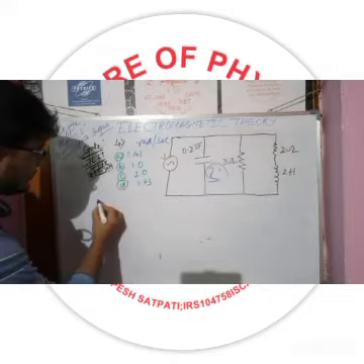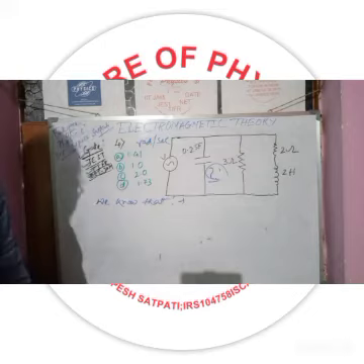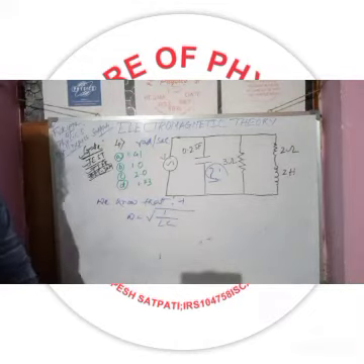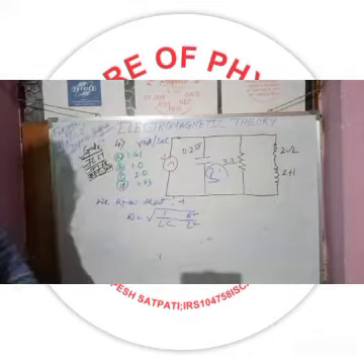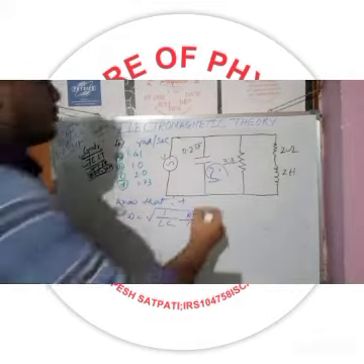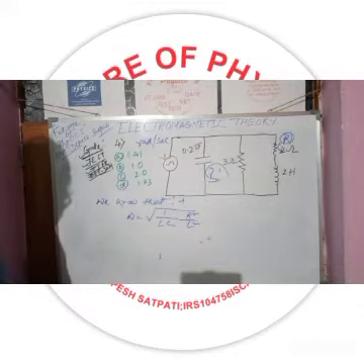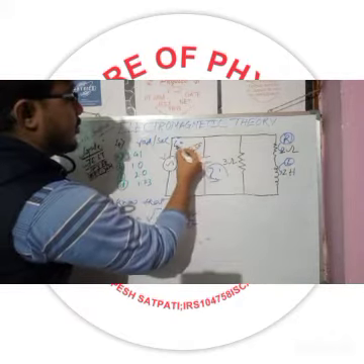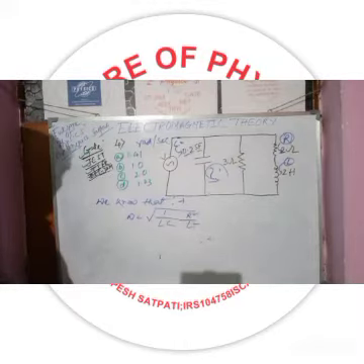Now we know that omega is equal to root over of 1 by LC minus R square by L square, where R is equal to 2 ohm, L is equal to 2 H, and C is equal to 0.25 F. Then omega is equal to root over of 1 by LC minus R square by L square.